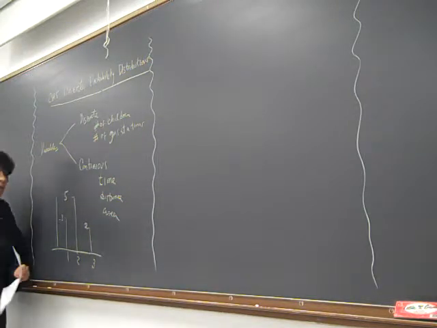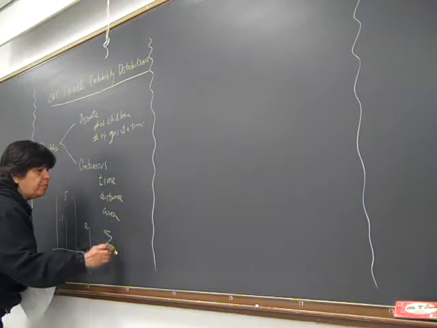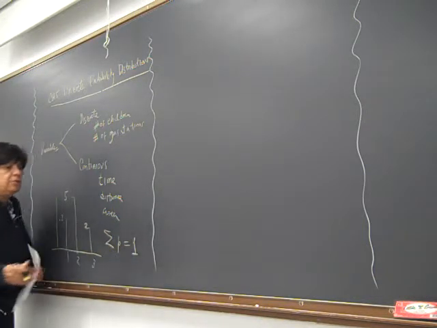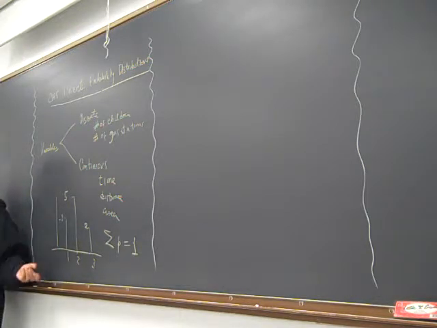What is important here is that the summation of all the probabilities has to be equal to 1, because there are no other values that this variable can take.